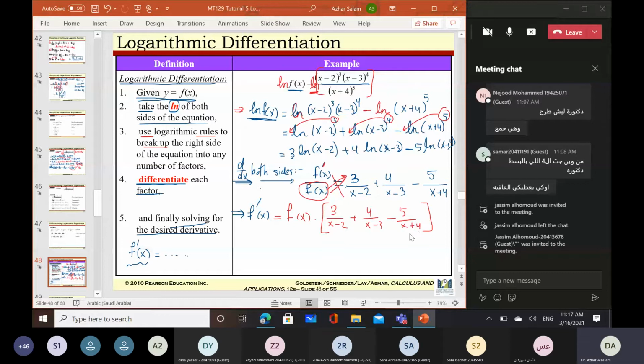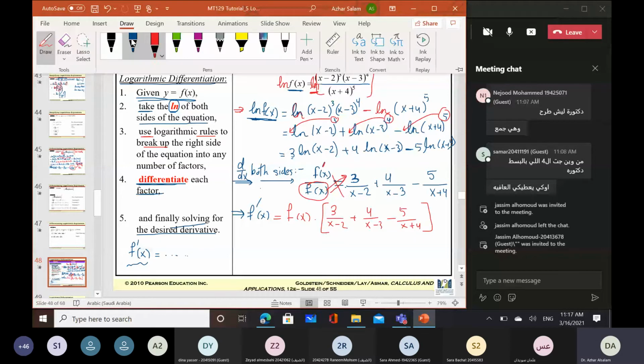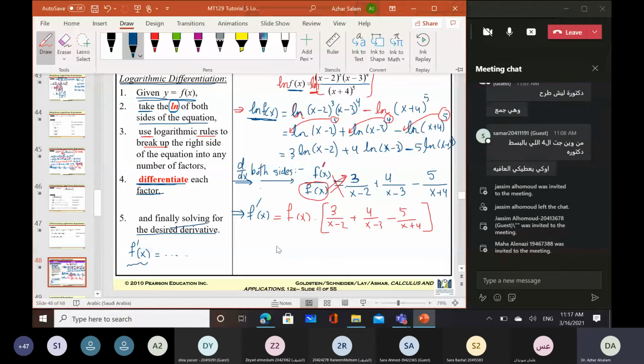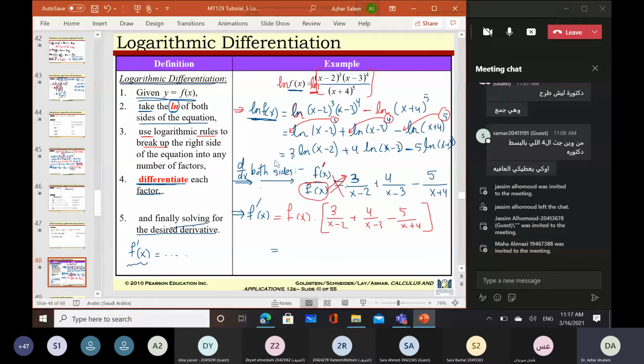Okay, it remains now to write the function f. I can stop here, or I can write the value of the function f so that I have no unknown value. This is the definition of the function f. So here f dash of x is equal to, I write the definition of f given in the question, which is x minus 2 to the power 3 multiplied by x minus 3 to the power 4, divided by x plus 4 all to the power 5.